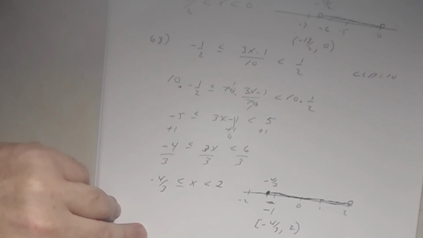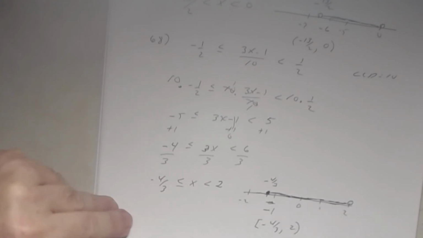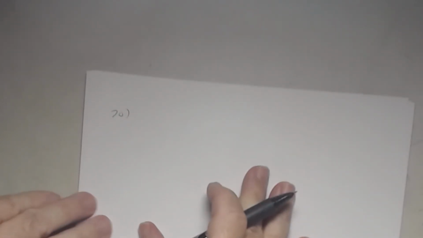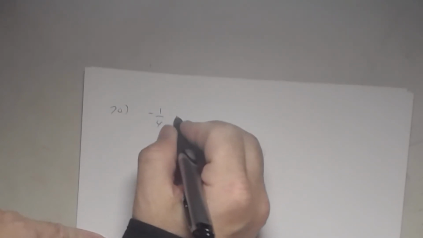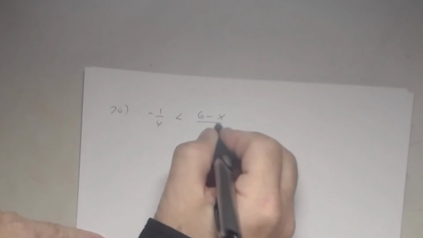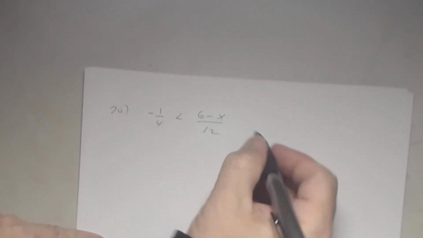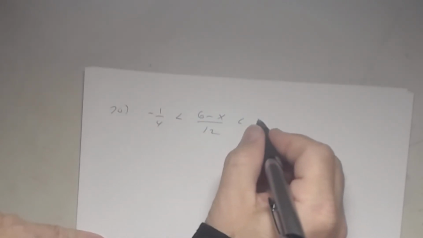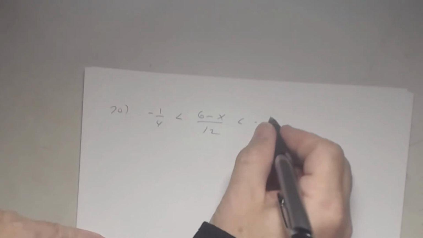So we can do number 70. Number 70. Okay, so number 70, you have negative 1/4 is less than 6 minus x divided by 12, is less than negative 1/6.